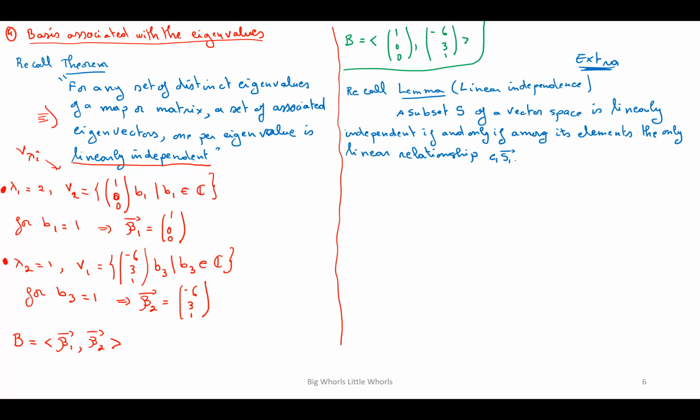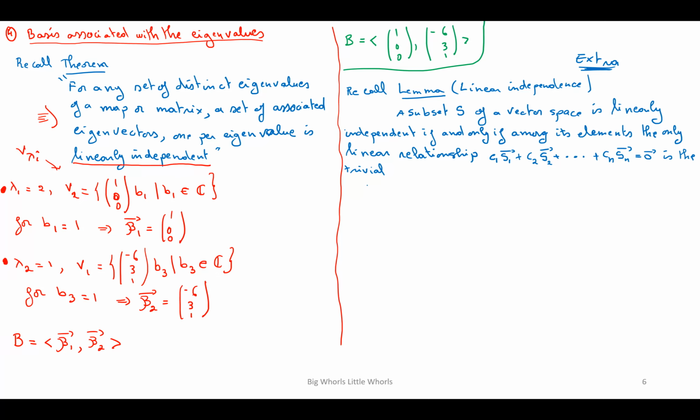c1 s1 plus c2 s2 plus ... plus cn sn equals 0, where s1, s2 are the vectors in the set S and the c's are the scalars, the only such relationship is the trivial one.